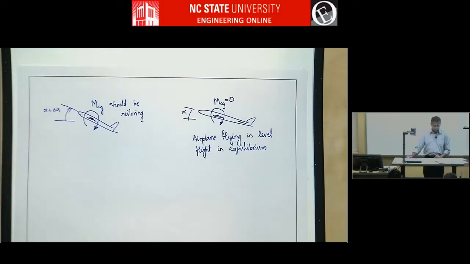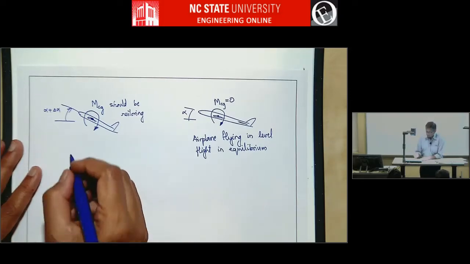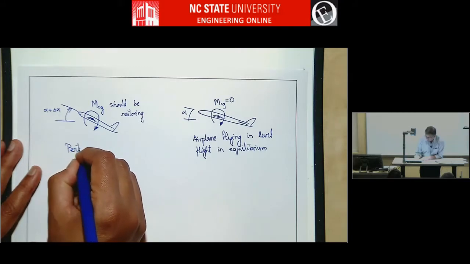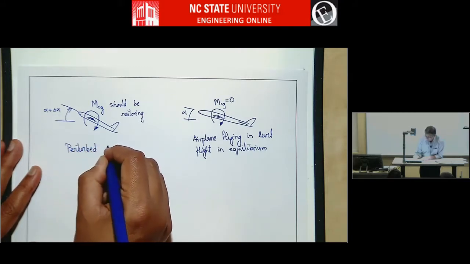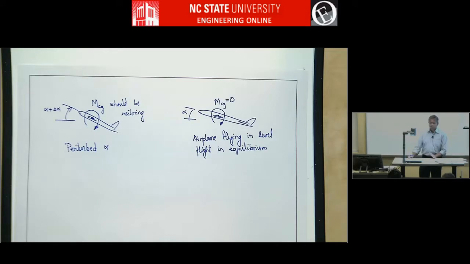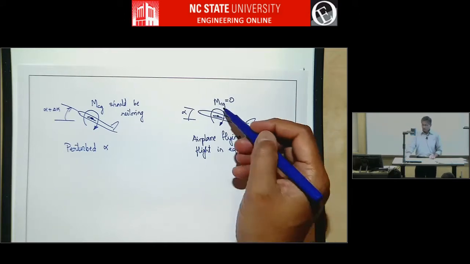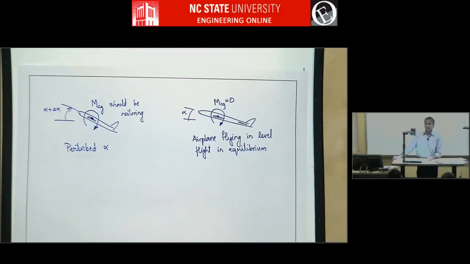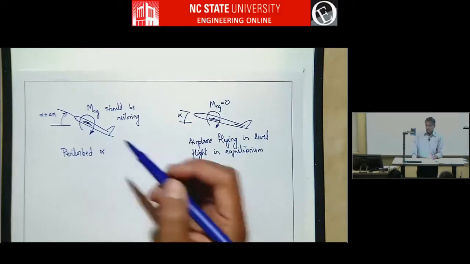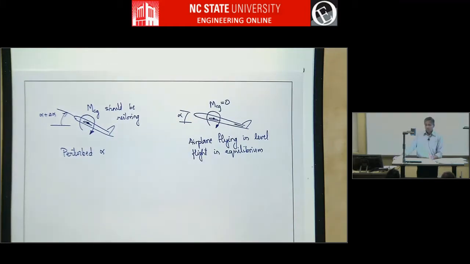So what should the pitching moment become? Here it was 0, what should we have it here? Positive pitching moment will make the airplane go more nose up, right? This is positive. The gust will cause a positive moment, so we need a negative moment.